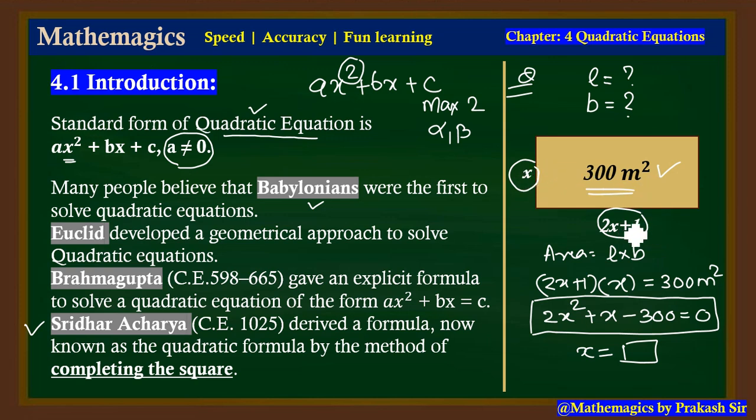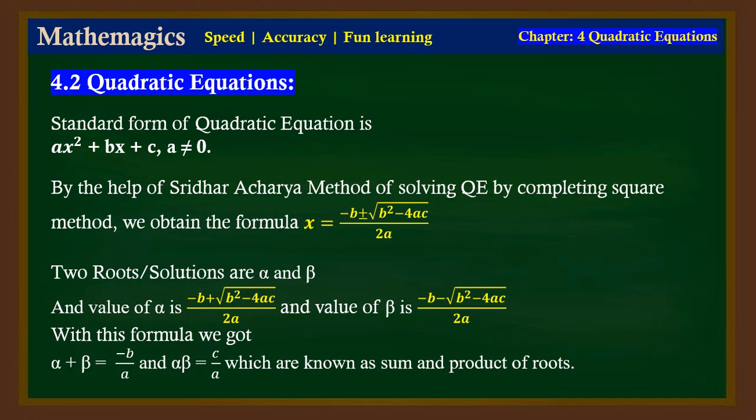So with the help of the quadratic equation only, we can solve this kind of question, and this is application oriented. That's why we are going to start this quadratic equation. So let us move on to have the complete details on the quadratic equation. As we already understood, the standard form of the quadratic equation is ax square plus bx plus c, and we already studied why a is not equal to 0 in the earlier part.